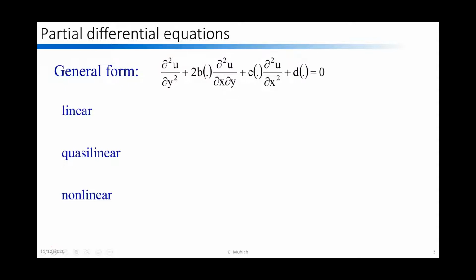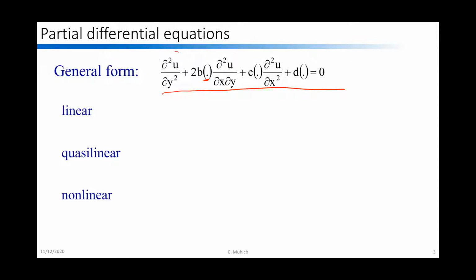A partial differential equation has this general form: a times the second partial derivative with respect to y, plus 2b times some function, and we'll come back to what this function is in a second, times the second partial derivative of some dependent variable u with respect to x and y, plus c times some function of a second partial derivative of u with respect to x, plus d times some function.